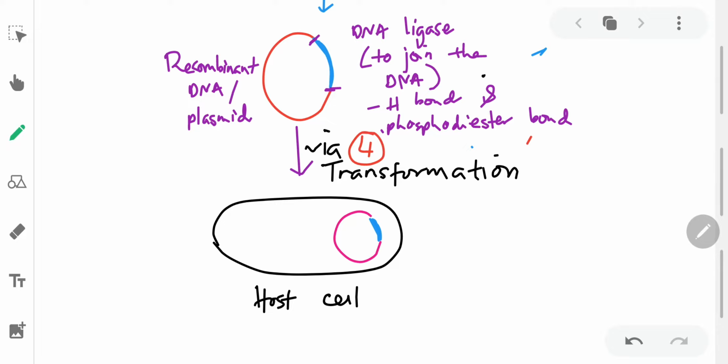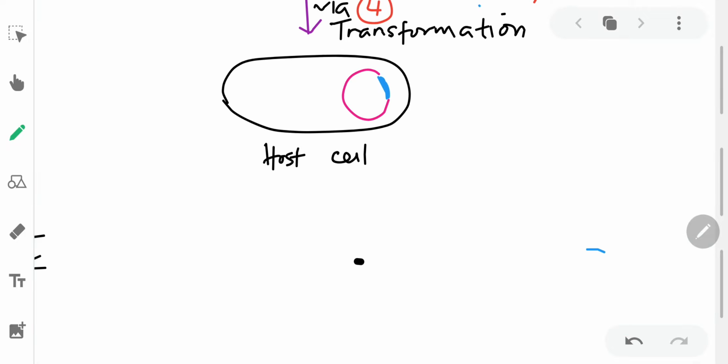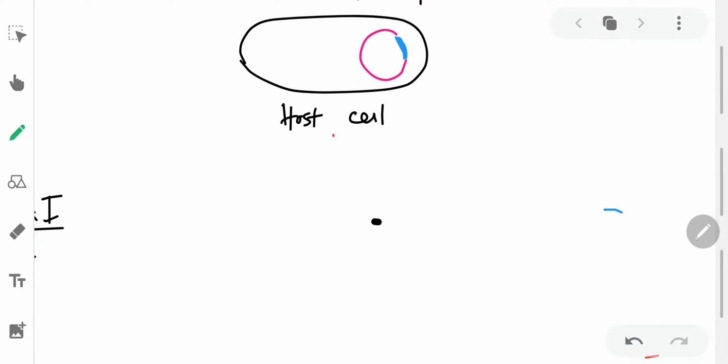Now, number 5. What will happen to the host cell? In step number 5, this host cell, this bacterial cell, is going to be cloned. Step number 5 is amplification. Amplification lebih kurang sama maksud dengan multiplication, memperbanyakkan.